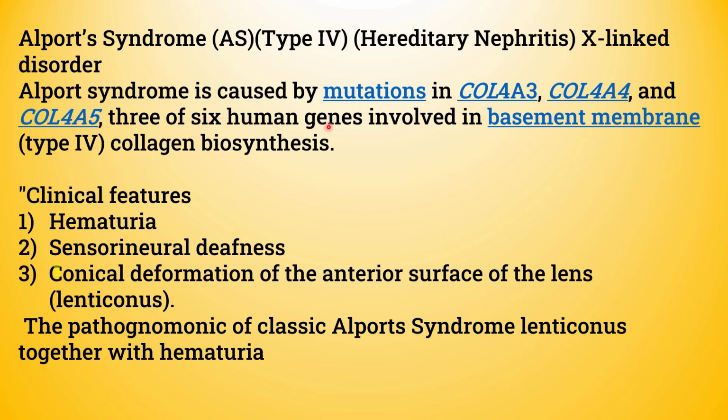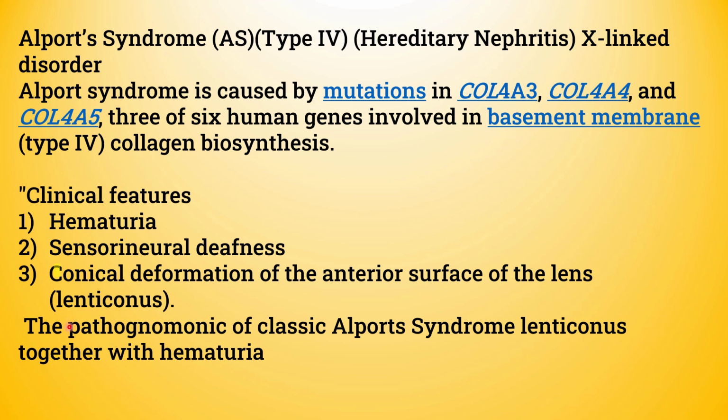Three of these six human genes are involved in the basement membrane, and because of this mutation there is improper development of the basement membrane. The features of Alport syndrome are hematuria, sensorineural deafness, and conical deformation of the anterior surface of the lens, called lenticonus. These are pathognomonic.